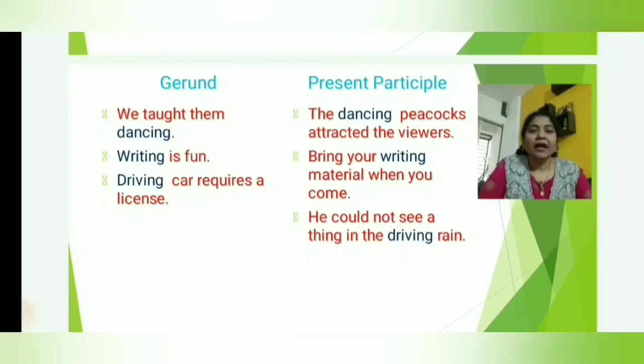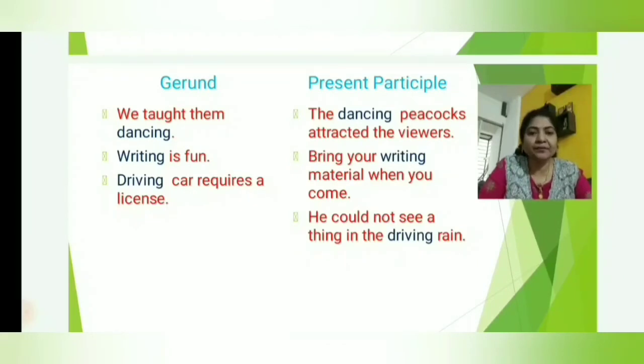Now have a look at these examples. We taught them dancing. The dancing peacocks attracted the weavers. Here in the first example, dancing is playing the role of a verbal noun, and in the second example, dancing peacocks, peacocks is a noun here, and the word dancing is describing the noun, and that's why dancing is a verbal adjective.